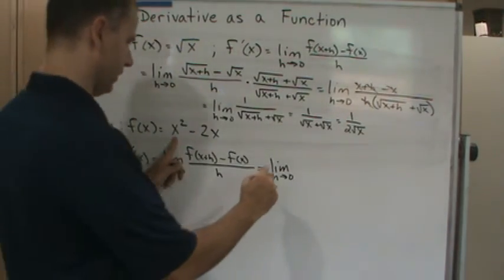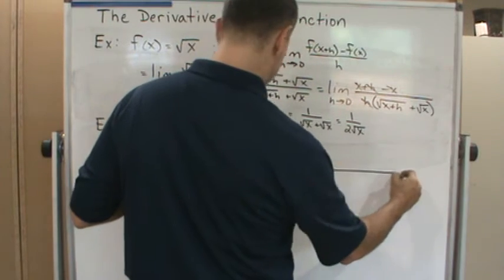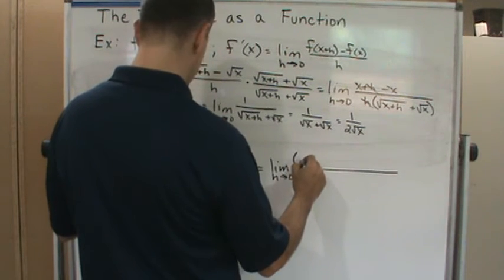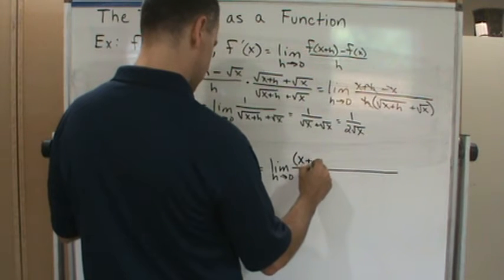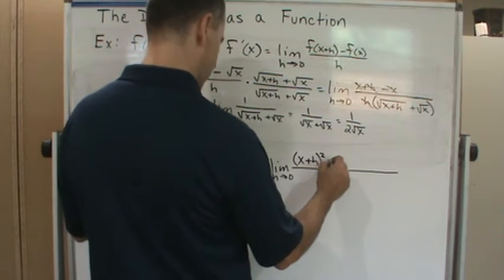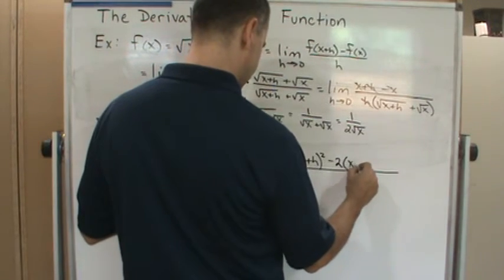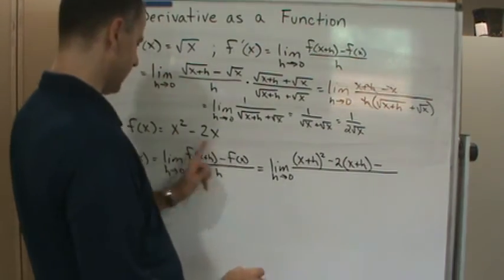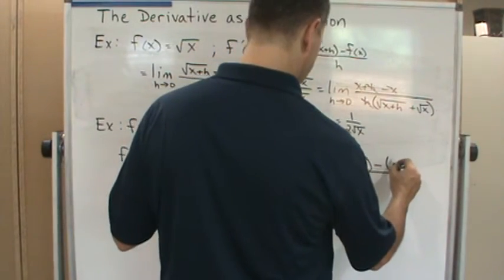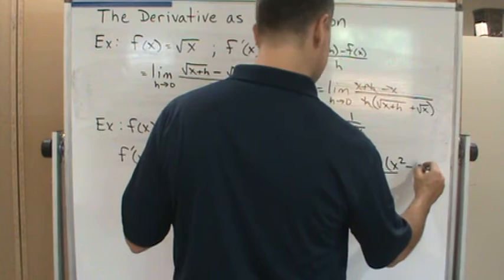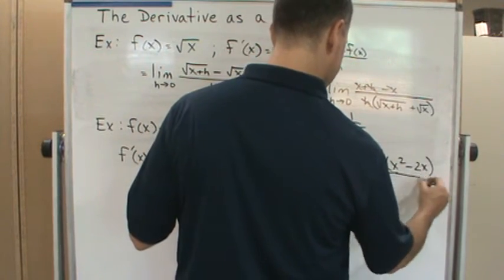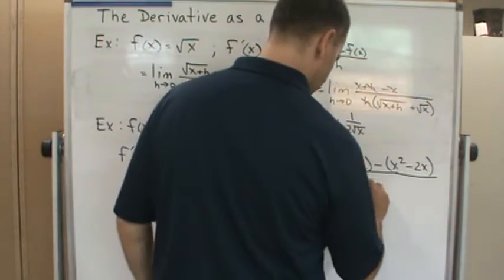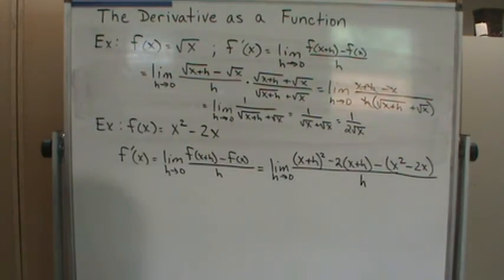So it's going to be x plus h quantity squared minus 2 times x plus h, minus f of x, which is just x squared minus 2x. And notice again, I'm subtracting off the whole thing. And of course we have h in the denominator.